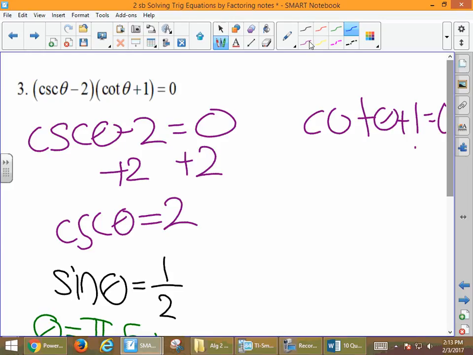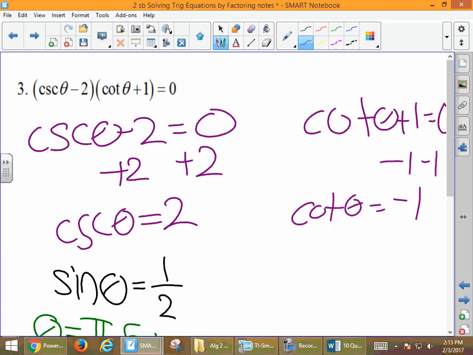But we still have the right half. Go back to my color. And so how do we get cotangent by itself? We subtract 1. So we have cotangent of theta equals -1.